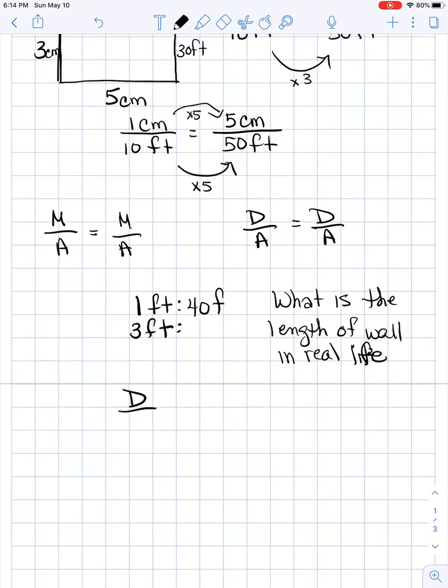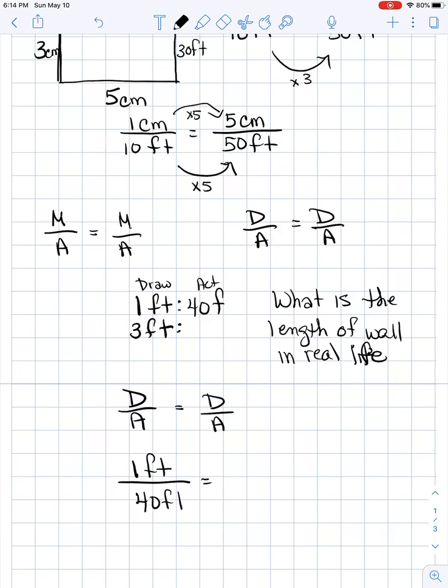So we're just going to set up, in this case, since it's a blueprint, we'll call it a drawing, so we'll say D over A equals D over A. So in the drawing, 1 foot represents 40 feet in real life.